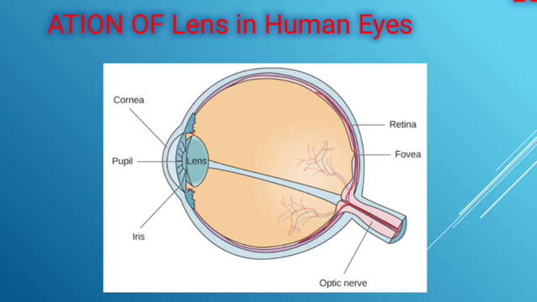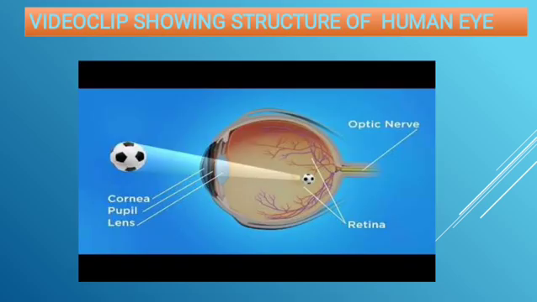Concave lenses are diverging lenses and convex lenses are converging lenses. In our eyes, the convex lens is present, which converges all the rays coming from the object. In this figure you can see a ball, how it is incident on the lens and the lens focuses it on the retina screen.